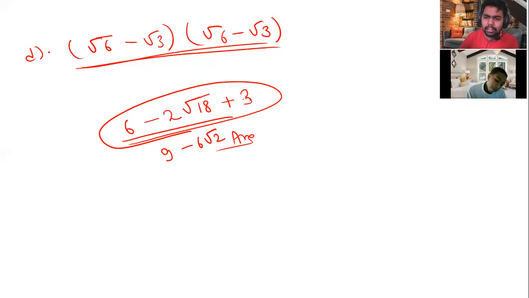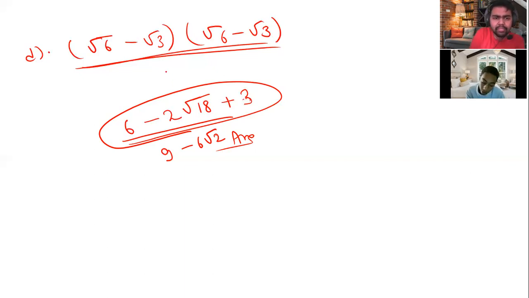They just said you need to power the root. Oh wait, 1 second. I'm wrong. So here root is 6. Yes, because root 6 square would be just 6, right?